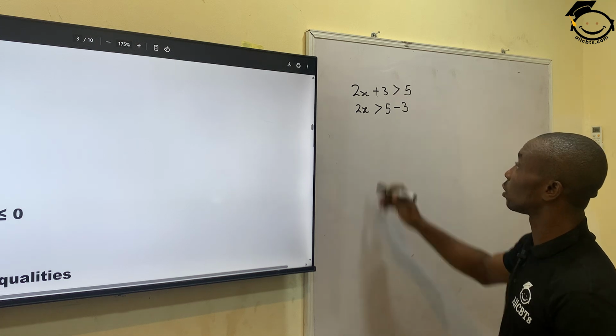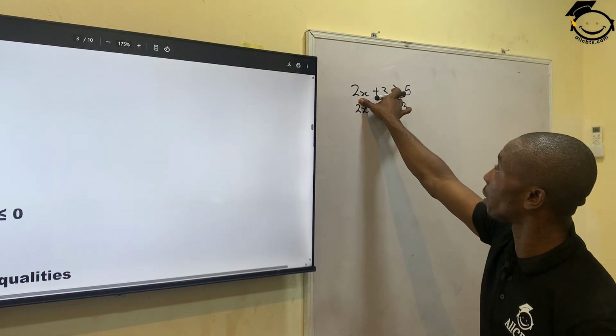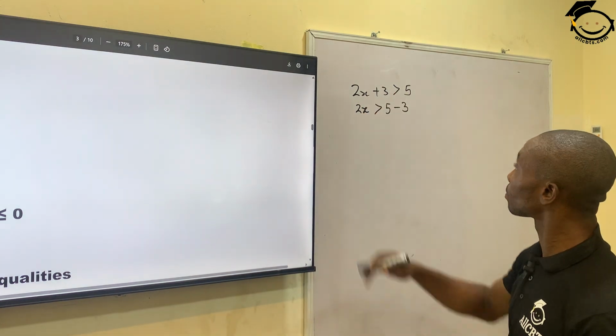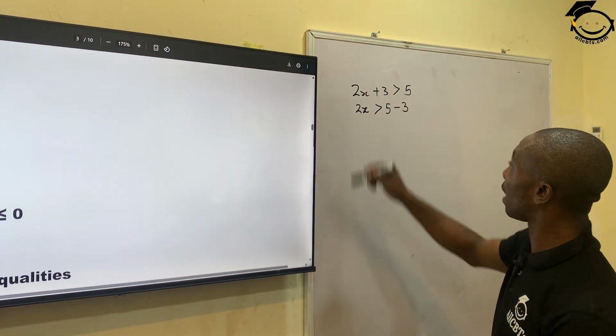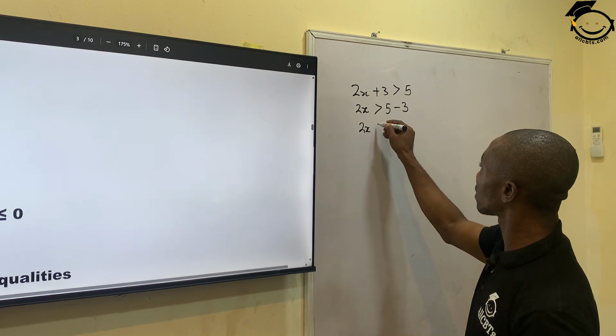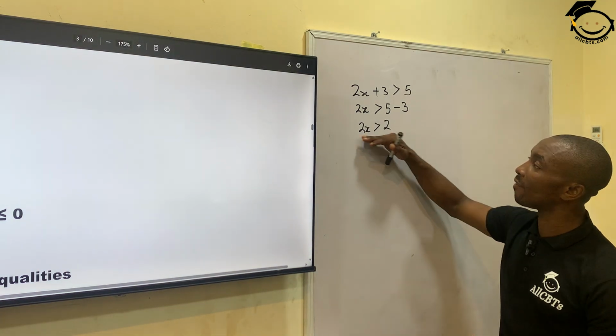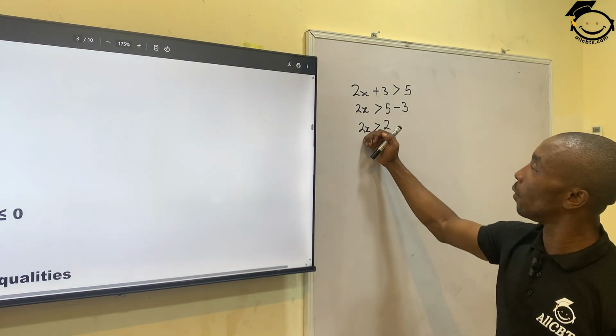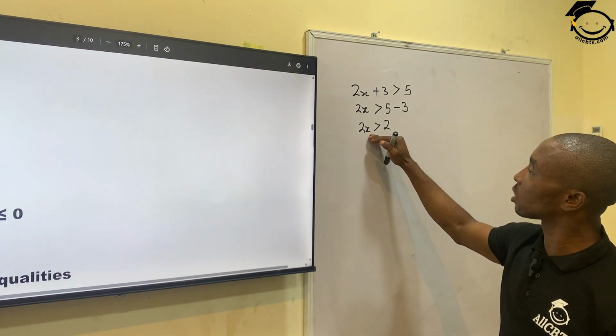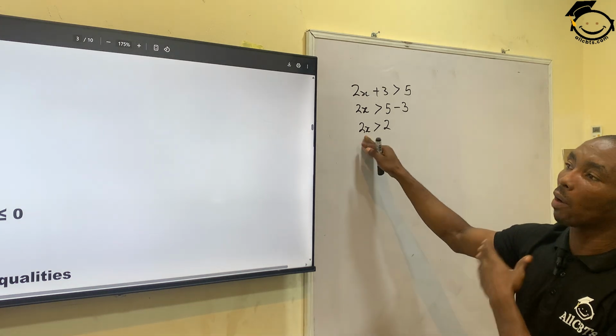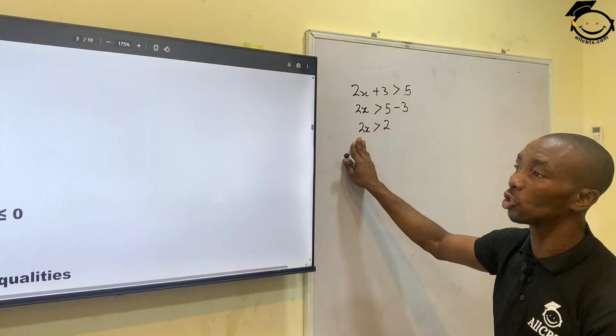That is what we simply did here, which was to subtract 3 from both sides. Now we'll have this as 2x greater than 2. At this point, we have isolated our variable. Now, our variable has a constant attached to it.